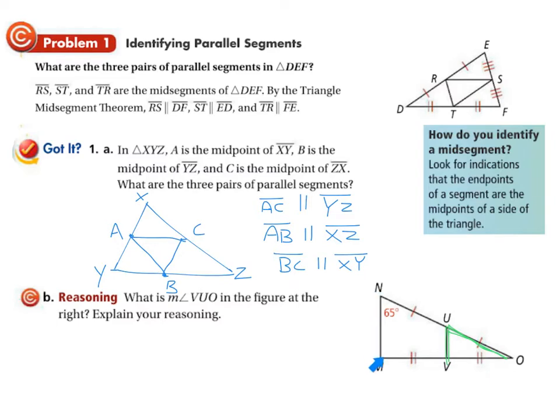This side is parallel to this side because that's what mid-segments do: they run parallel to the opposite side. Since they're parallel, corresponding angles will be congruent. So if this is 65 and these two lines are parallel, this will be 65 as well. So the answer is 65 degrees.